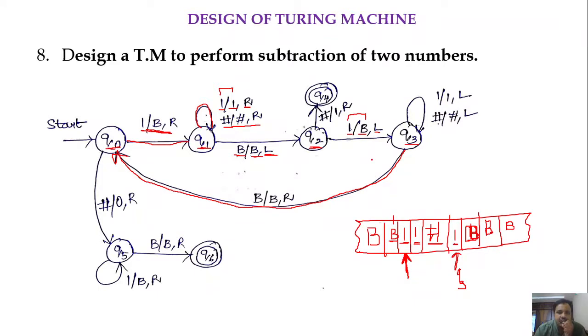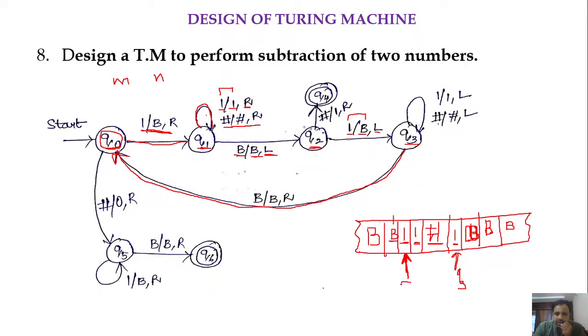This is the state q0 from where we started the process of cancelling the 1 in m with respect to the 1 in n. So that's why we had a transition from q3 on blank to q0.